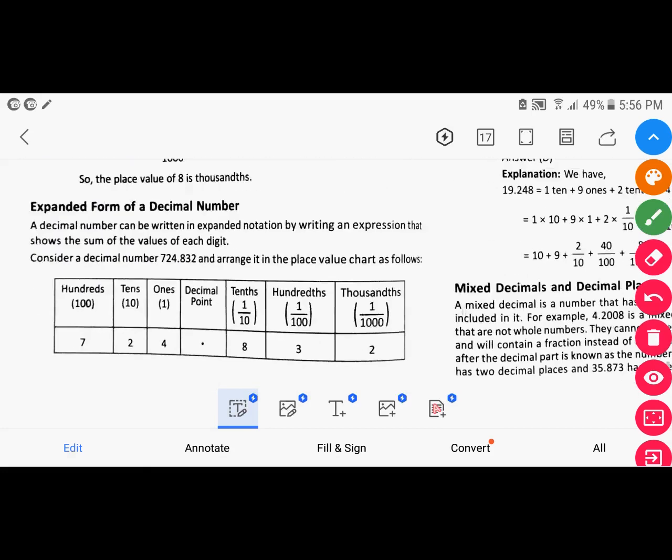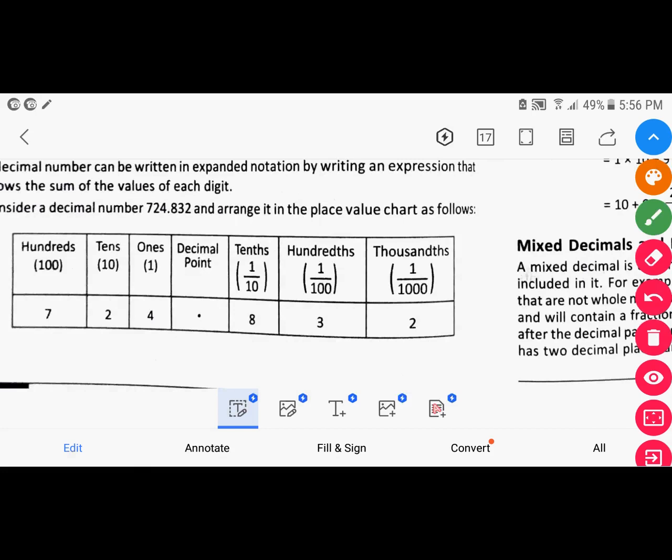Now this is important. See, this is one number in decimal form, 724.832. This can be written in expanded form as 7 multiplied by 100, because 7 is at the 100s position, 2 multiplied by 10 because 2 is at the 10s position, and 4 multiplied by 1 because 4 is at the 1s position. Now the decimal point is there. The very first position after the decimal point on the right side is known as the tenths position.